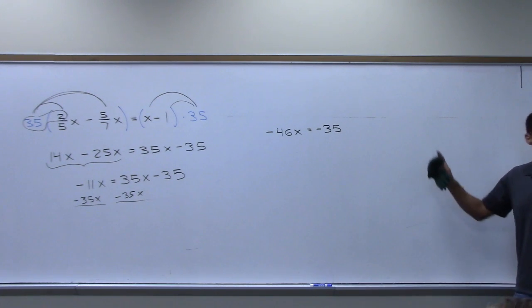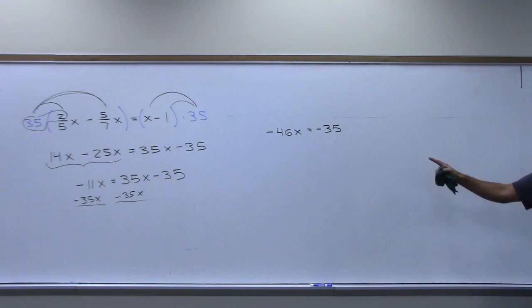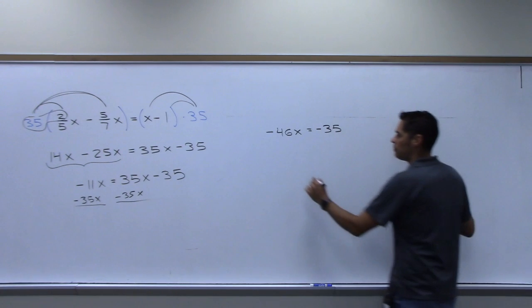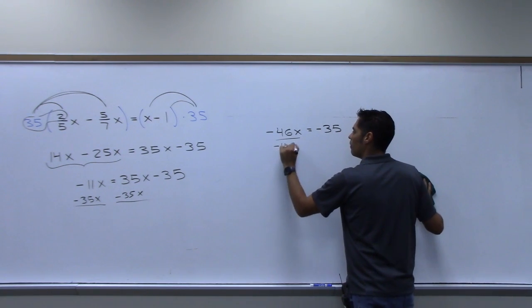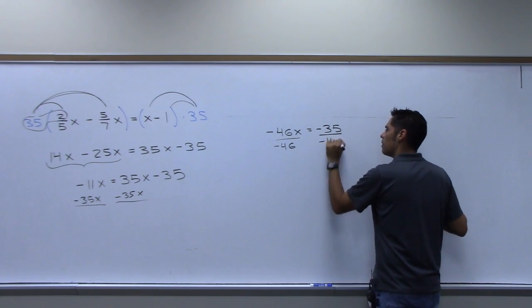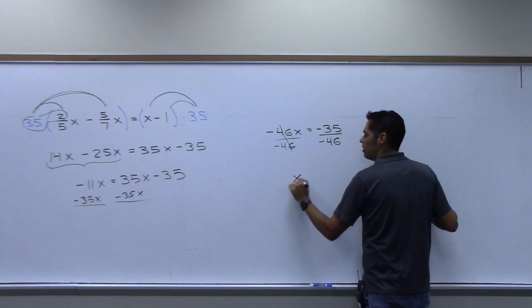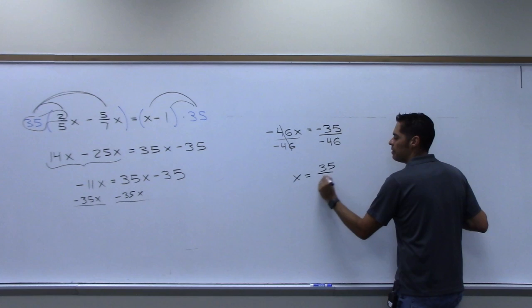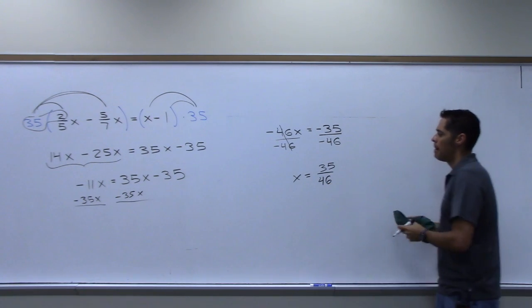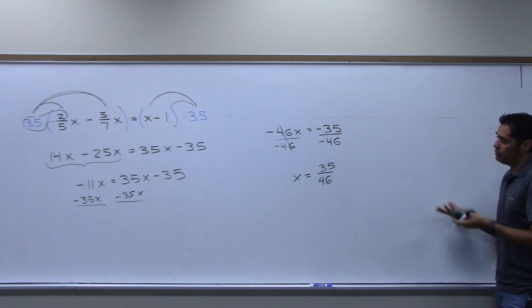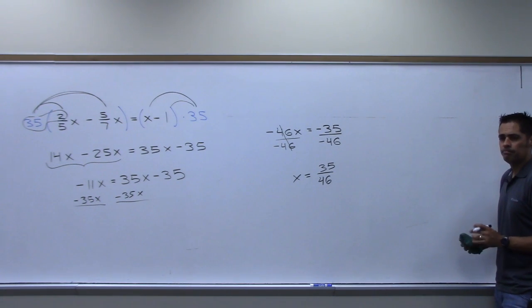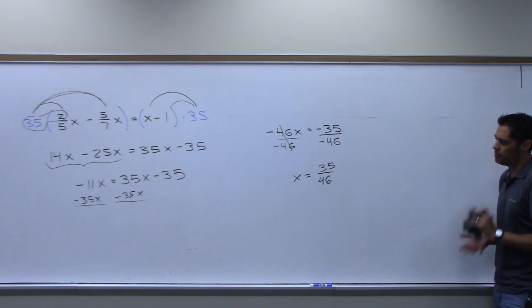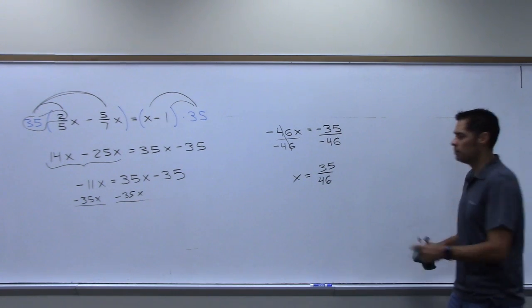And finally, we can divide both sides by negative 46. x is a positive number, isn't it? Because a negative divided by a negative is positive. Does it reduce? I don't think so. So we're done.